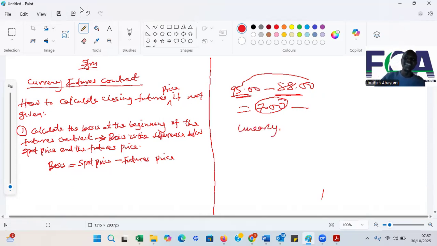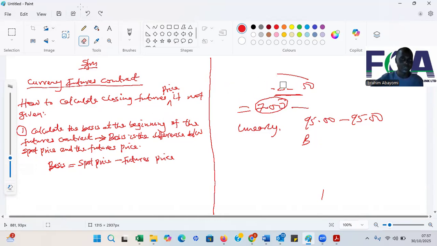We expect it to be reducing systematically in equal proportion on a daily basis, such that when the futures contract expires, the spot price should be equal to the futures price, meaning that basis should be equal to zero. Basis should be equal to zero when the futures contract expires. But at the beginning, when we enter into that futures contract, it will not be zero.